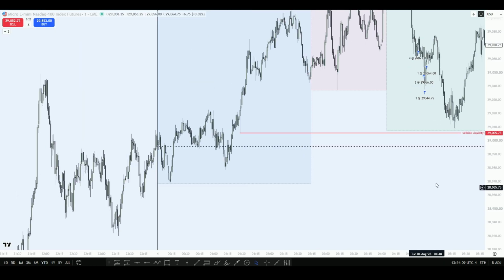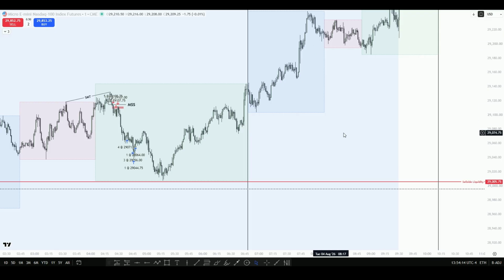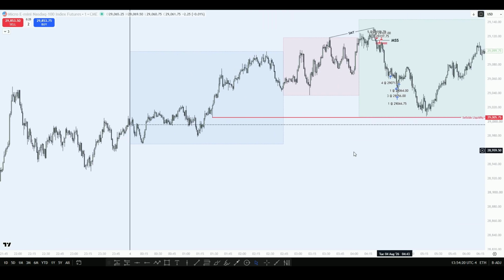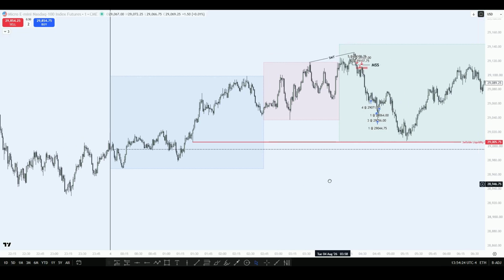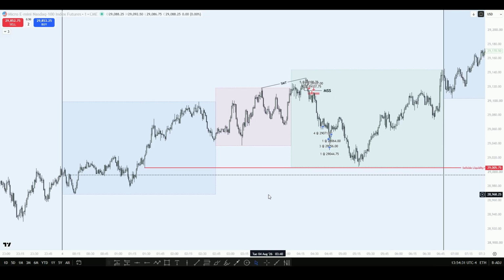Okay, maybe in the manipulation cycle we could have shifted market structure and then during distribution go down and take these relative equal lows below midnight open. But because we're taking a setup within the daily accumulation cycle, you cannot expect this liquidity here to be delivered.